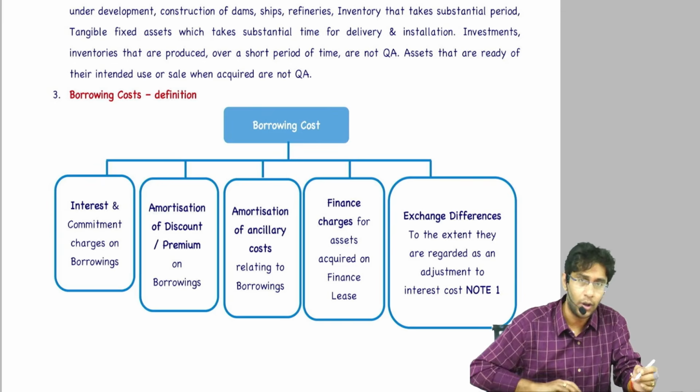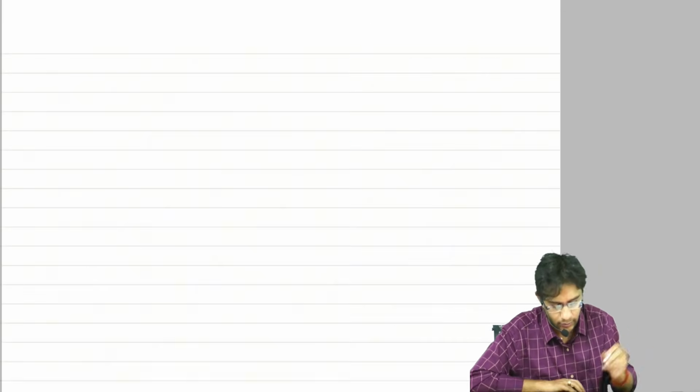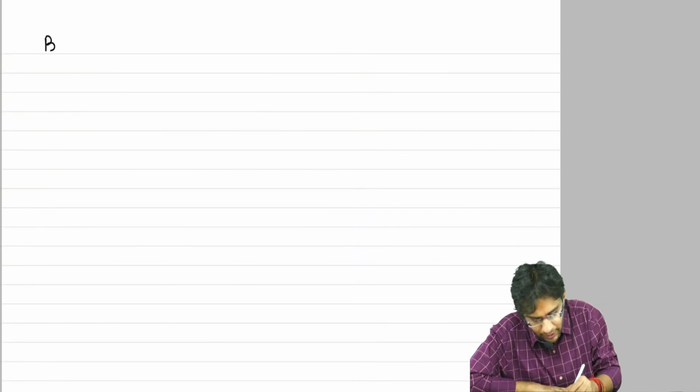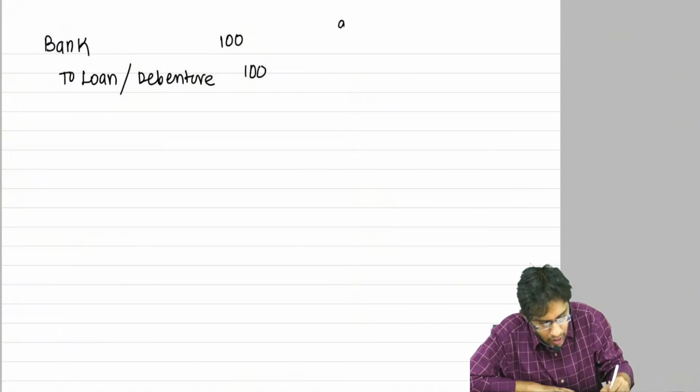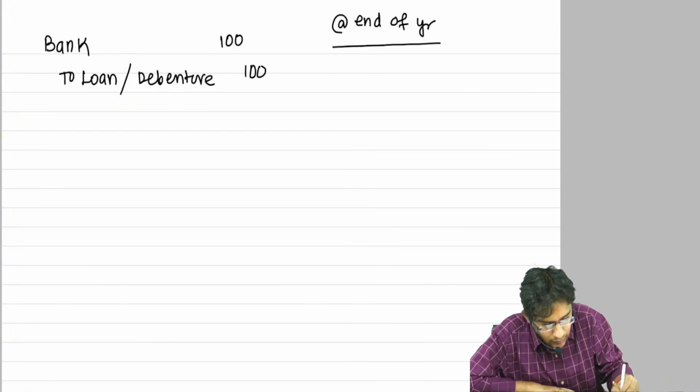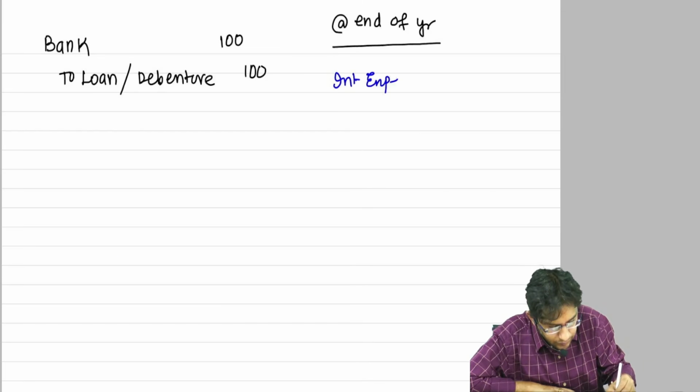Now, let's try to understand with a small easy example. You got a borrowing from a bank, bank account debit, loan credit, or you have raised a debenture. So let's say 100 lakhs. At the end of the year, you will pay interest, so you'll recognize interest expense.